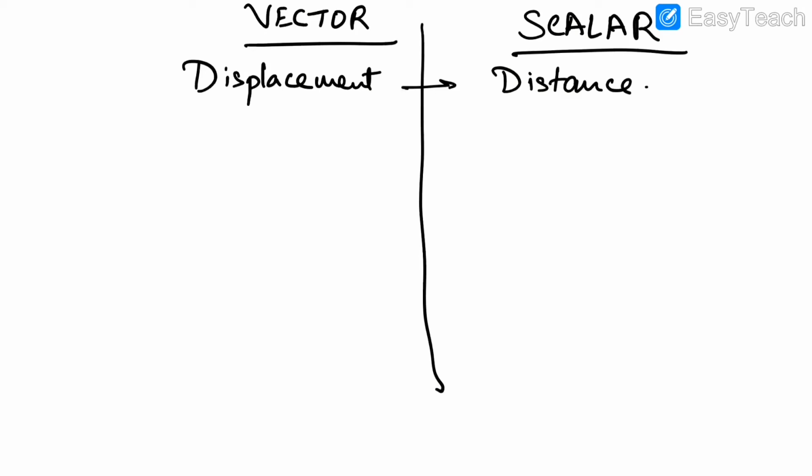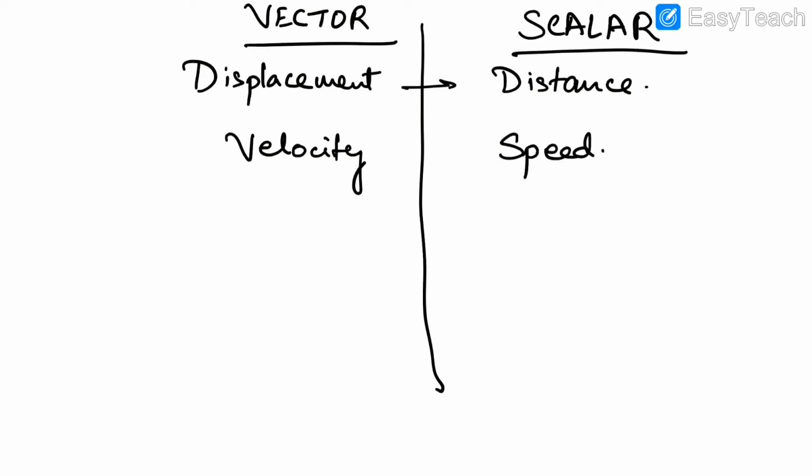Another thing we have learned is velocity. What is the scalar version of velocity? The scalar version of it is speed. The magnitude of velocity is the speed, and if we attach the sense of direction to speed, that is, in which direction it is going, then it becomes velocity.